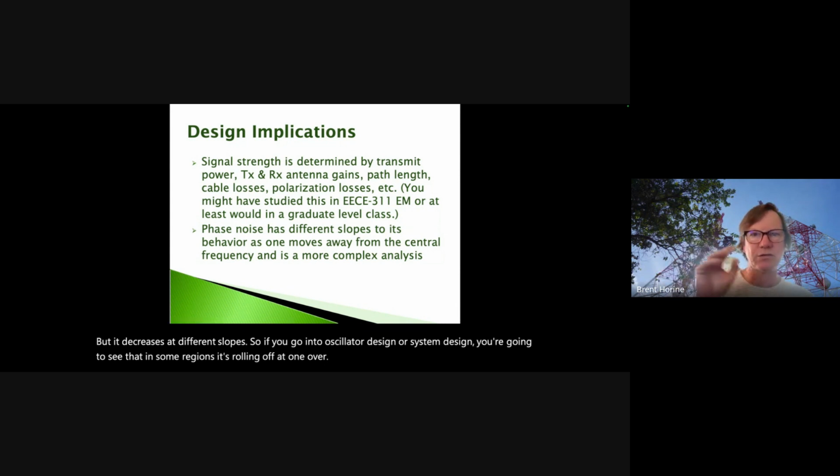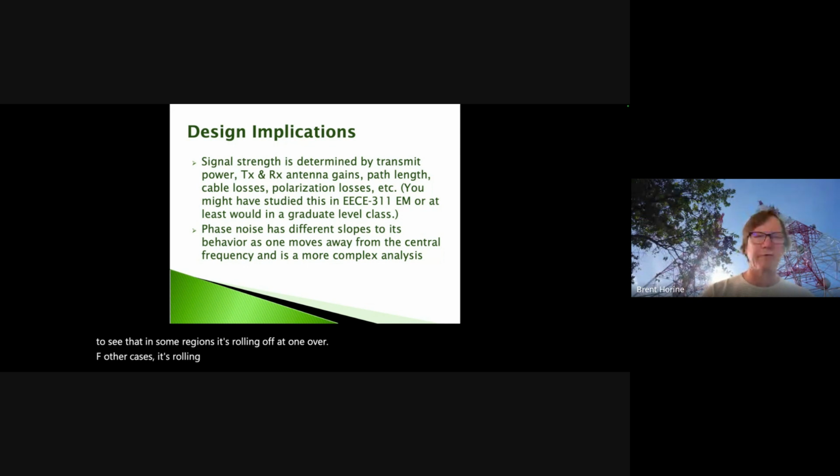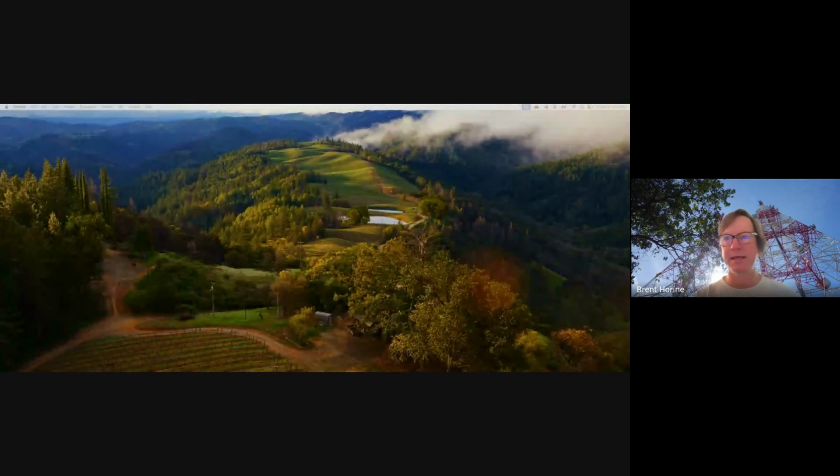Other cases, it's rolling off at 1 over f squared, 1 over f cubed, and so on. So these can be important if you're doing an actual sophisticated system analysis, and this gets to be much more complex. Ultimately, all that energy gets integrated in the integrator of the receiver, right? So we're trying to get rid of it as quickly as possible. All right, so that's that.